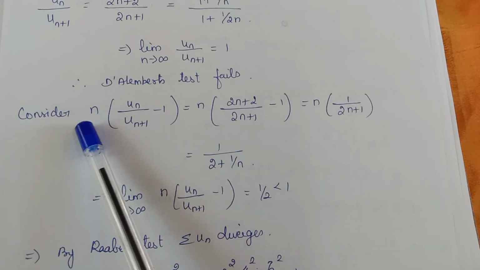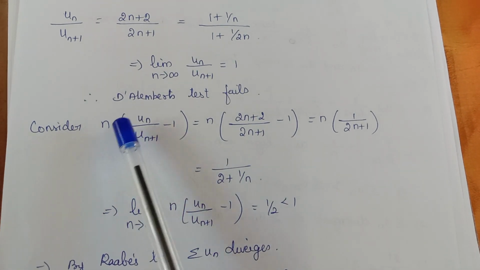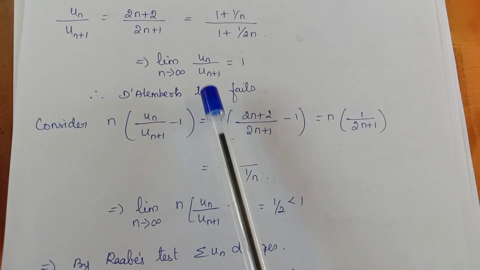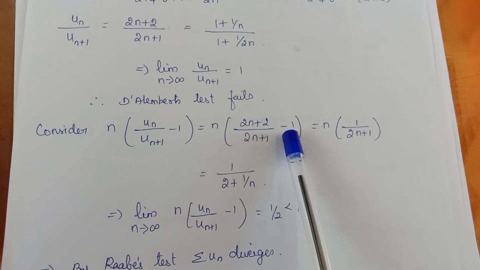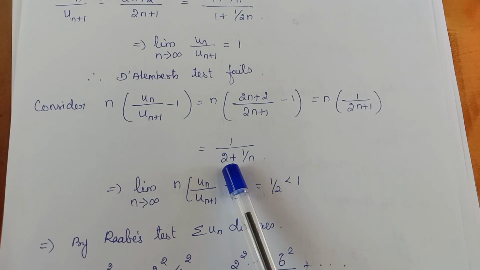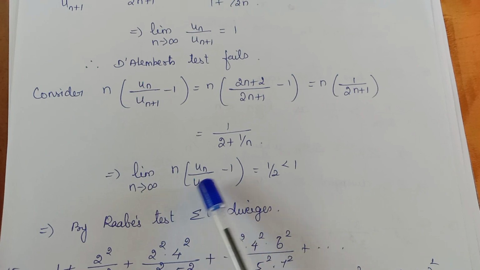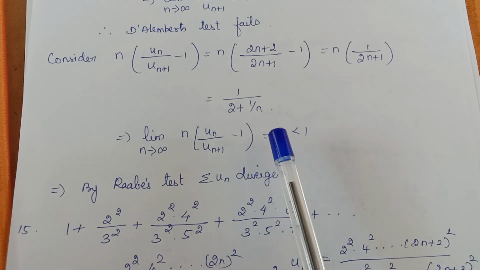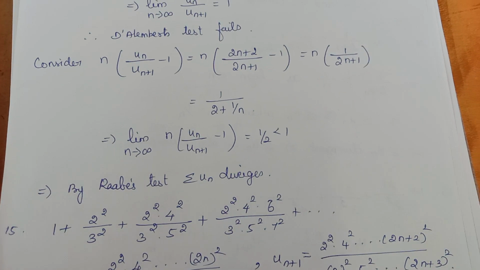So for Raabe's test, you have to multiply this term by n. That is n into un by un plus 1 minus 1. So it's equal to n into 2n plus 2 by 2n plus 1 minus 1. So it is simply n by 2n plus 1, which is 1 by 2 plus 1 by n. So as n tends to infinity, this is 1 by 2, which is less than 1. So by Raabe's test, this is a divergent series.